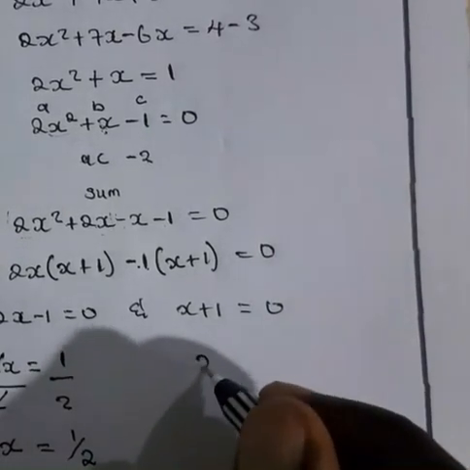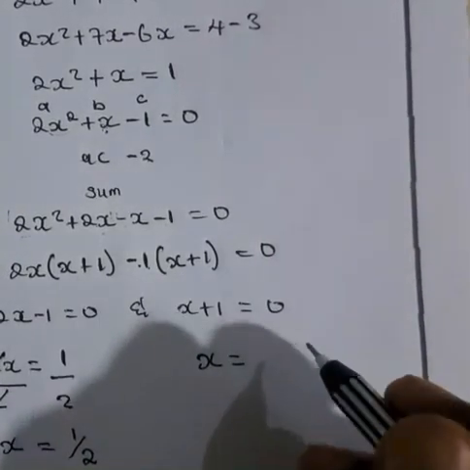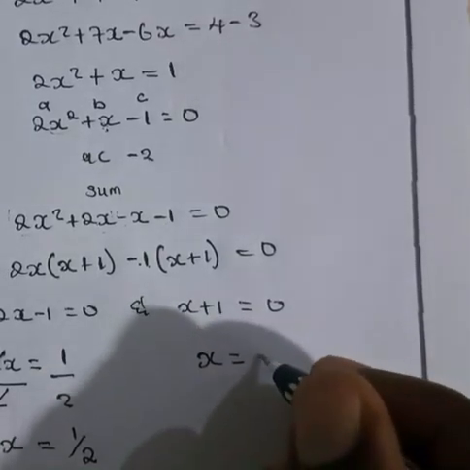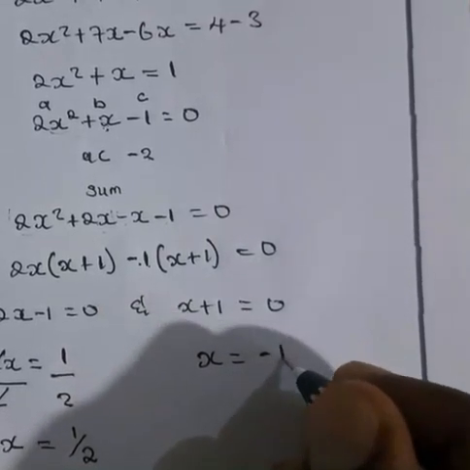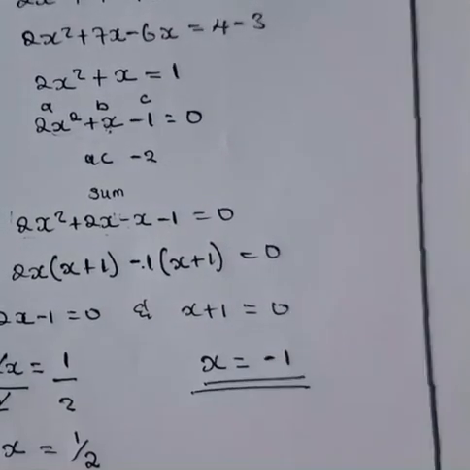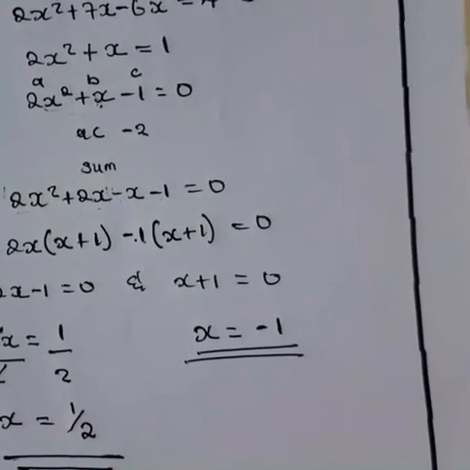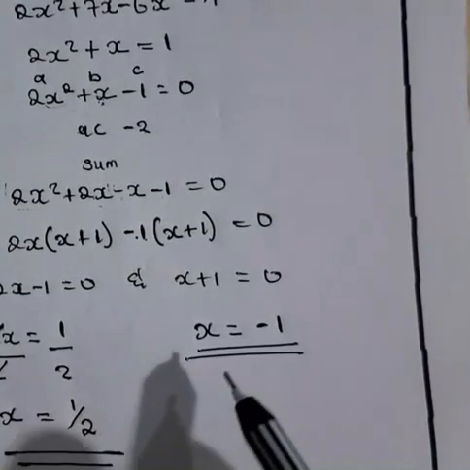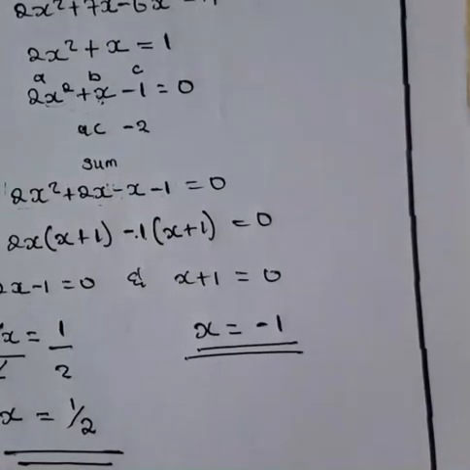We just say x is equal to, this one will go the other side, so it will be 0 minus 1, which is negative 1. So the values for x that we have found: x is equal to 1 over 2, and x is equal to negative 1.